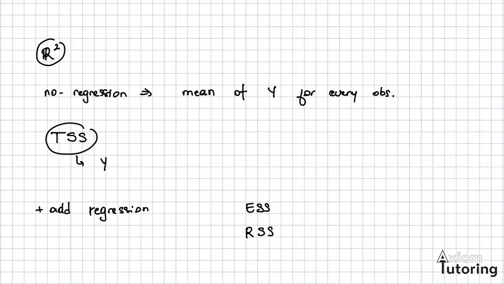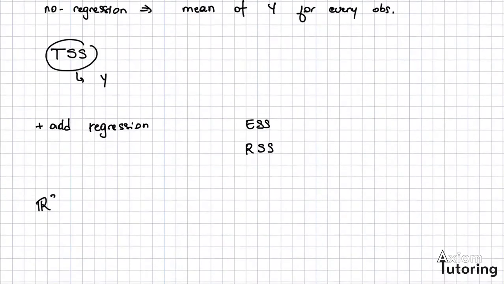Now, why do we need the R squared at this stage? Well, the R squared is defined as the fraction of total variation explained by the model.